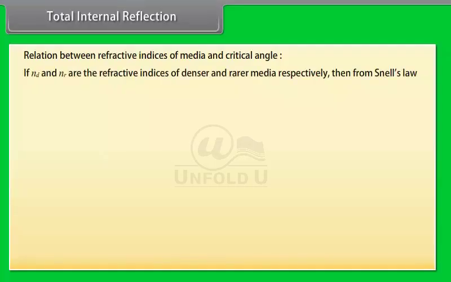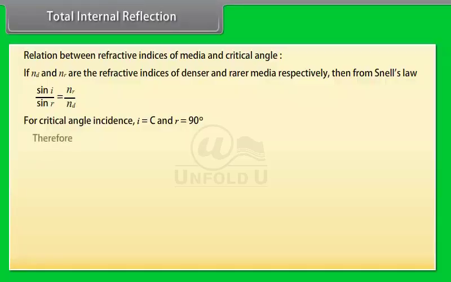If nD and nR are the refractive indices of the denser and rarer medium respectively, then from Snell's law, sin i by sin r is equal to nR upon nD. For critical angle incidence, i is equal to C and r is equal to 90 degrees. Therefore, sin C by sin 90 degrees is equal to nR by nD.